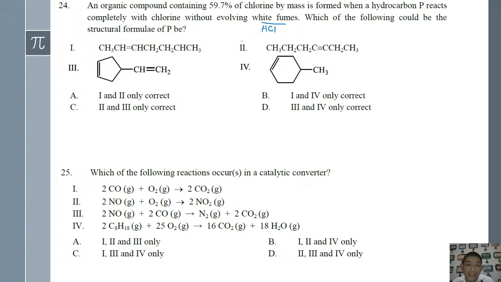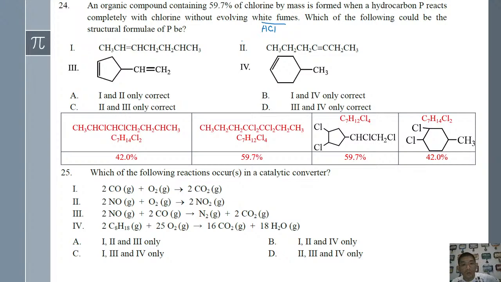So to understand this, you must first find out what is the empirical formula for the compound that is formed in here. After you react with all the chlorine, you form CH3CHClCHClCH2CH2CH3 for number 1.